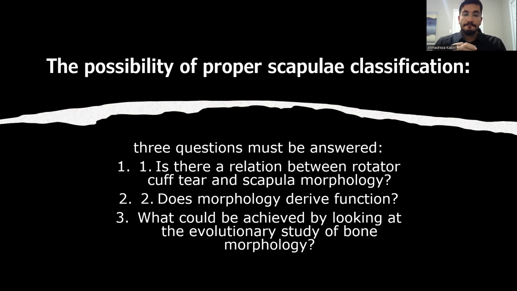First is, is there a relation between rotator cuff tear and scapular morphology? Second is, does morphology drive function? And the last question would be, what could be achieved by looking at the evolutionary study of bone morphology?